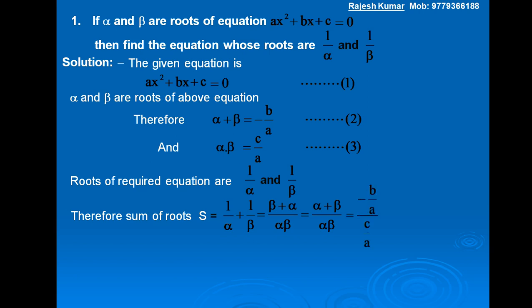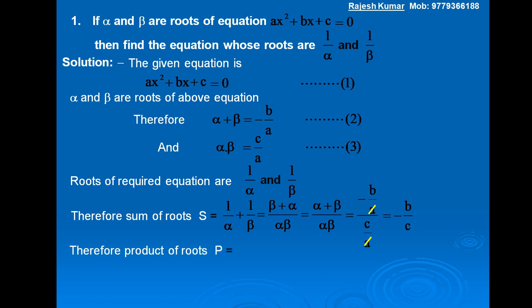Putting their values, we get minus b upon a whole upon c upon a. Now a and a cancel each other. We get minus b upon c. Therefore, the sum of roots s is equal to minus b upon c.